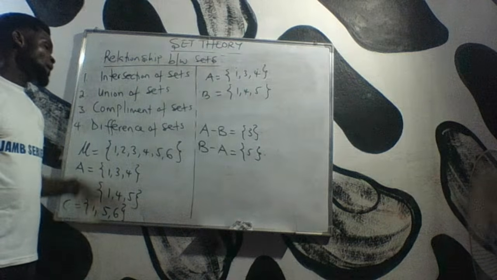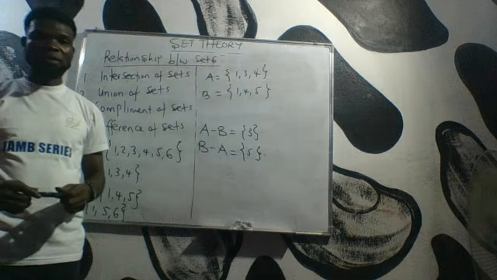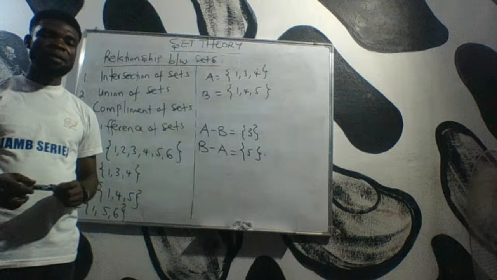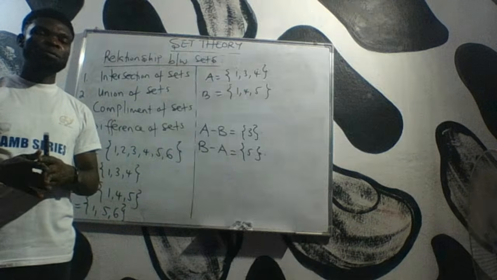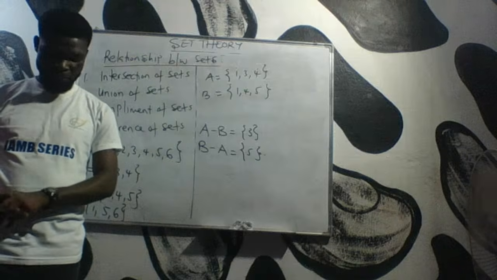So with this, I would say that we are done with the relationship between sets. The next thing we're going to be looking at is the Venn diagram. We are gradually moving forward so we can get to solving past questions.